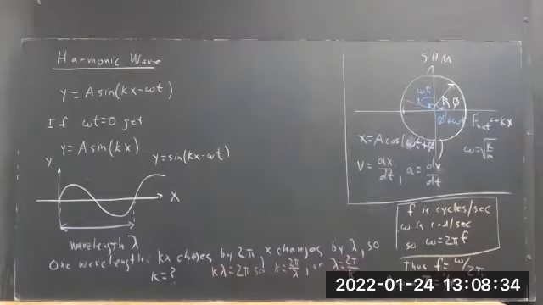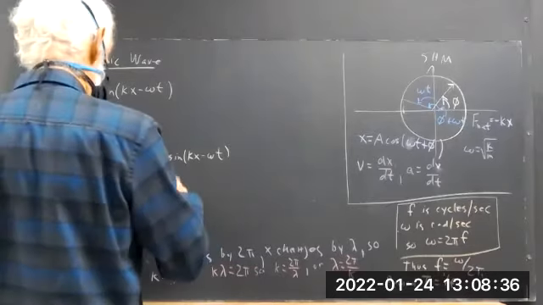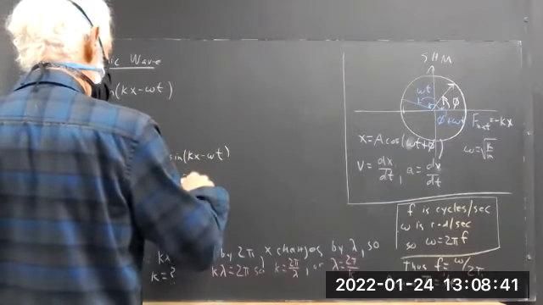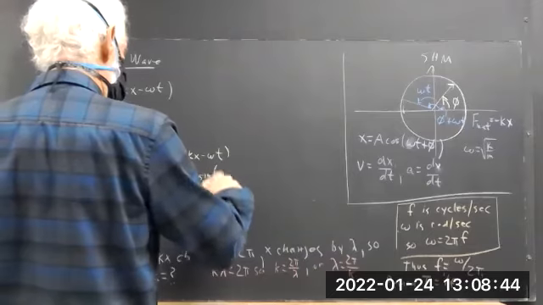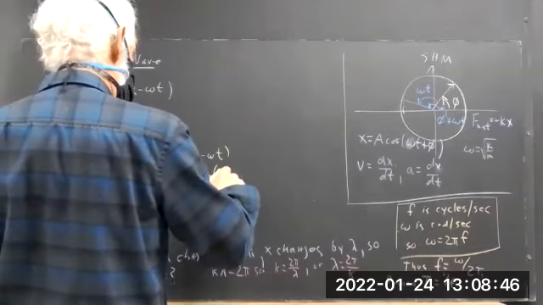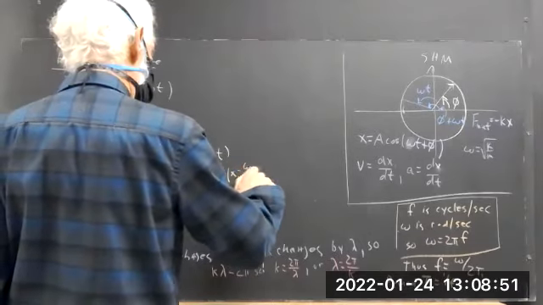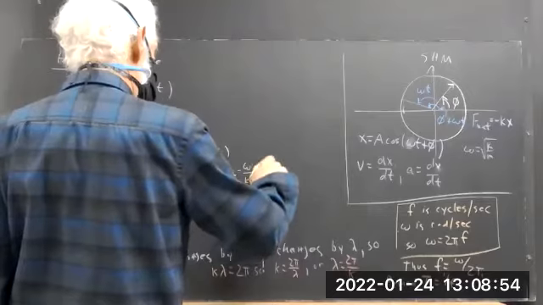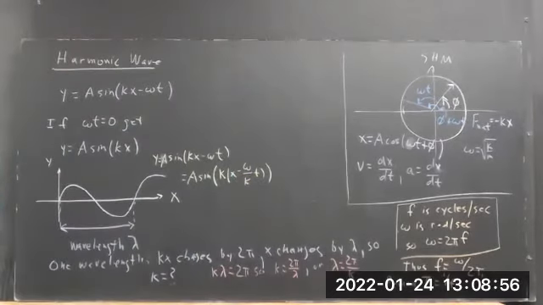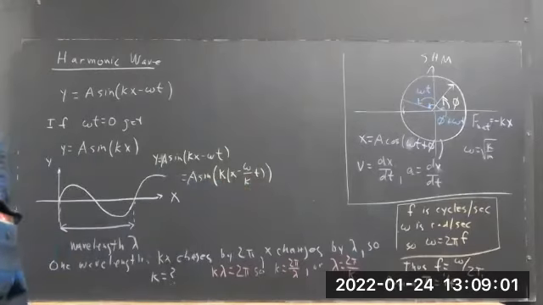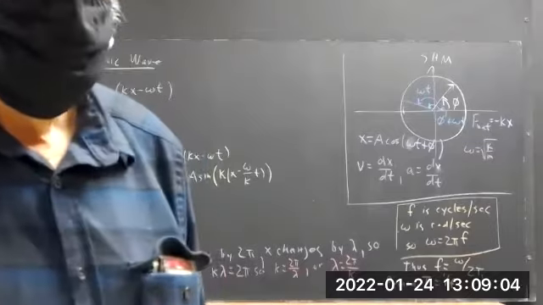It's a sine. We can write this as k times quantity x minus omega over k, right? I mean, I just factored out k.